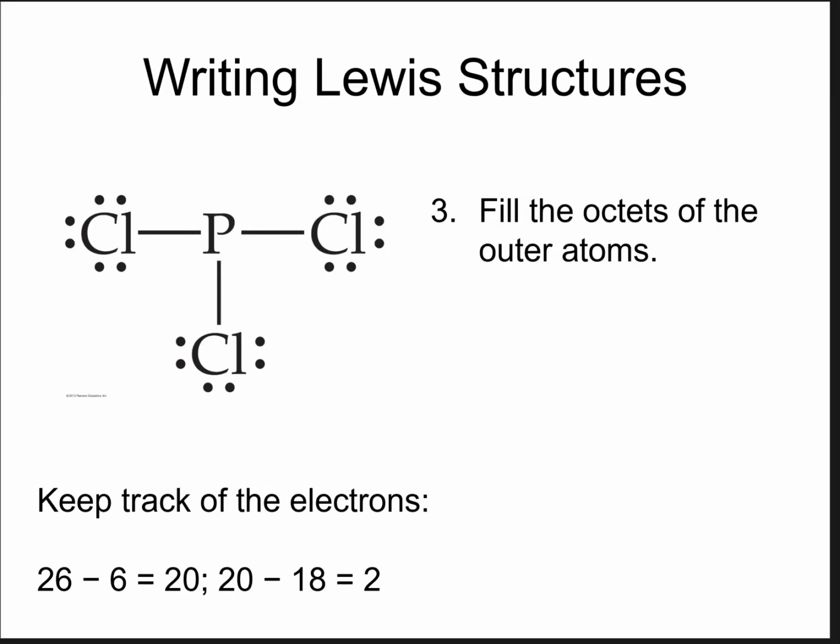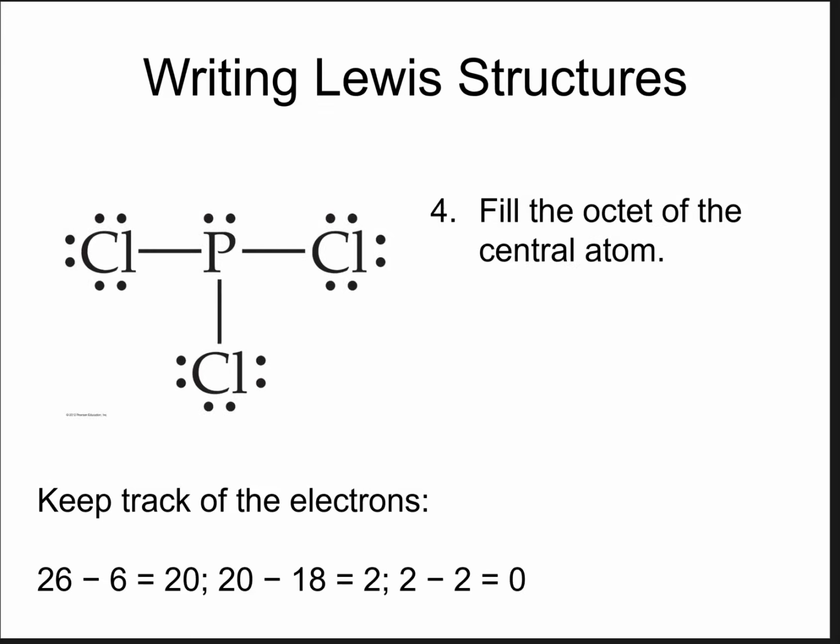That is, lines count as 2 electrons and dots count as 1. So we can see chlorine now has 8 electrons around it. We've got 3 chlorines, each one with 6 additional electrons, so we've used 18 of our 20 remaining electrons. Now we have to place the last 2 electrons. The only place we can put the electrons is on the phosphorus. So we assign the remaining electrons to the central atom.